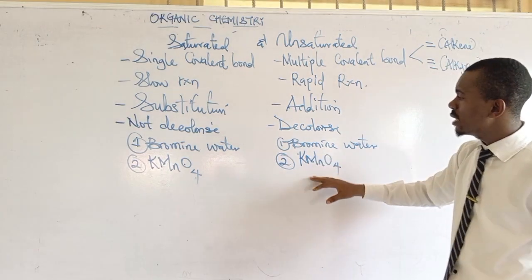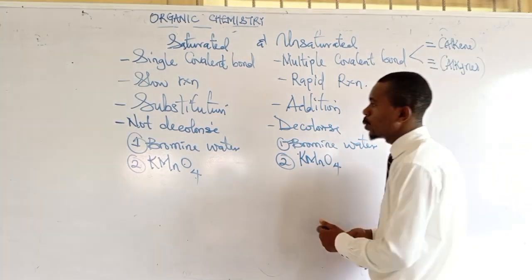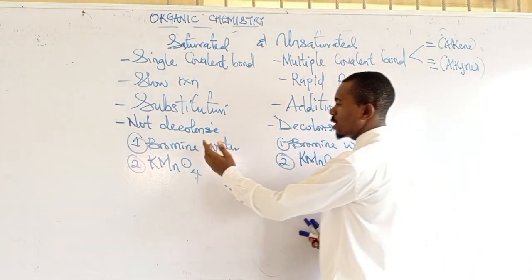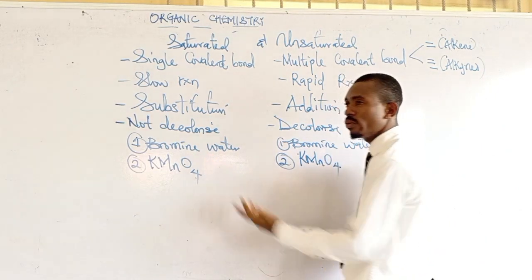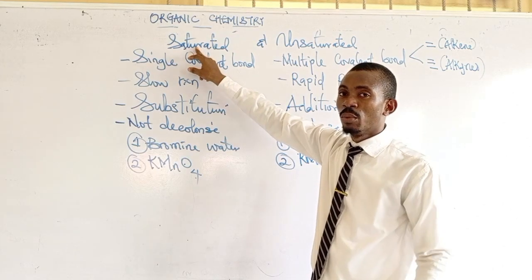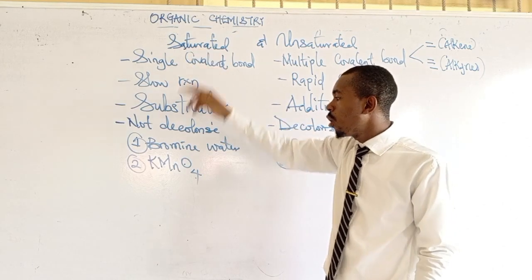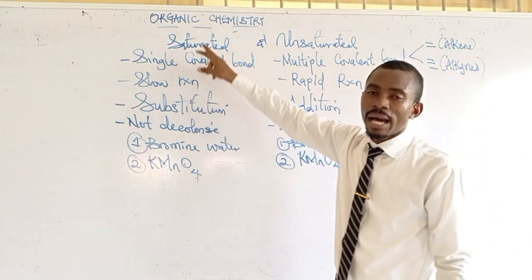So if we are doing a qualitative analytic test, and it is observed that a compound X has no reaction with bromine water, we should suspect what? A saturated compound, and most likely alkanes. Or it does not decolorize acidified KMnO4, the same, alkanes.